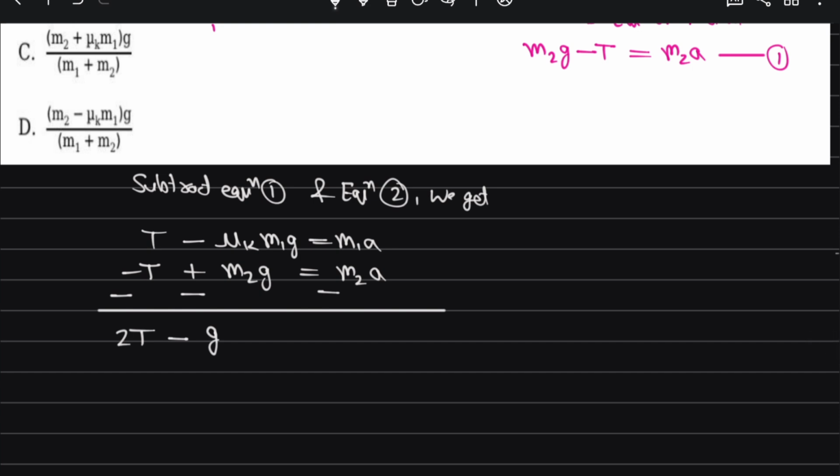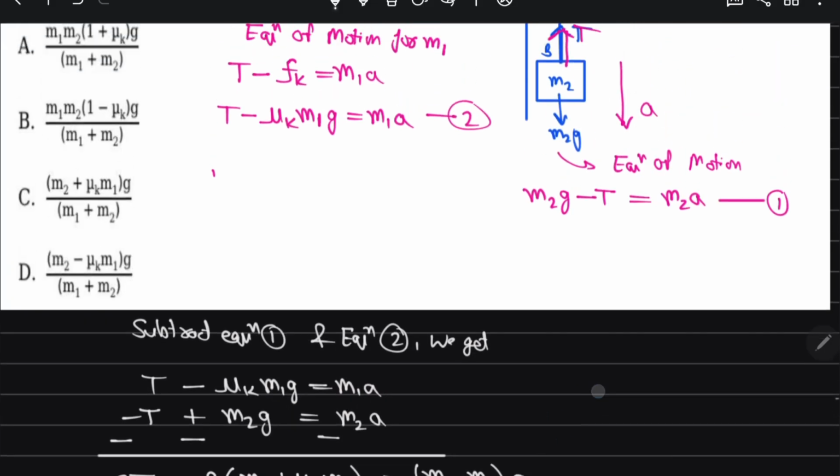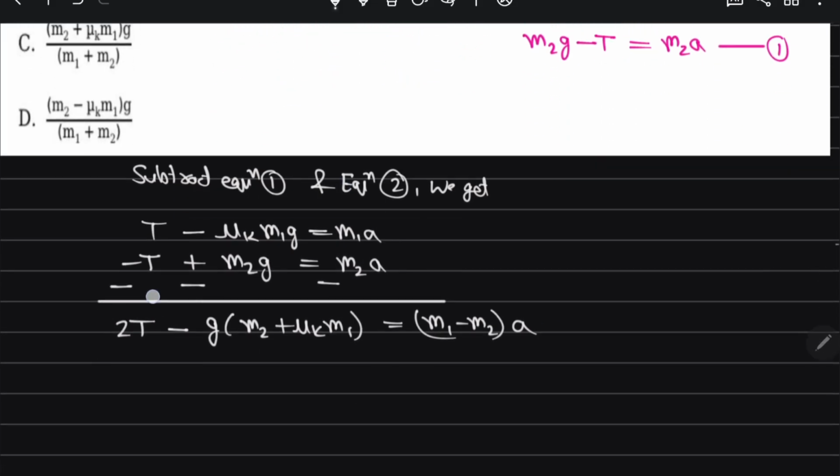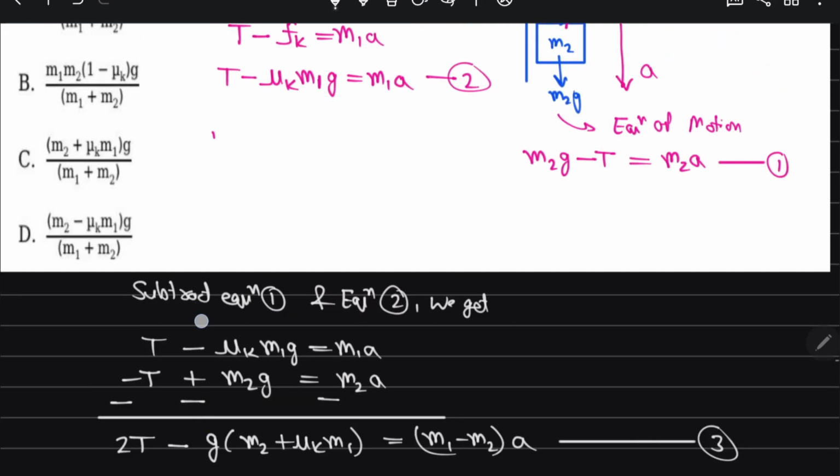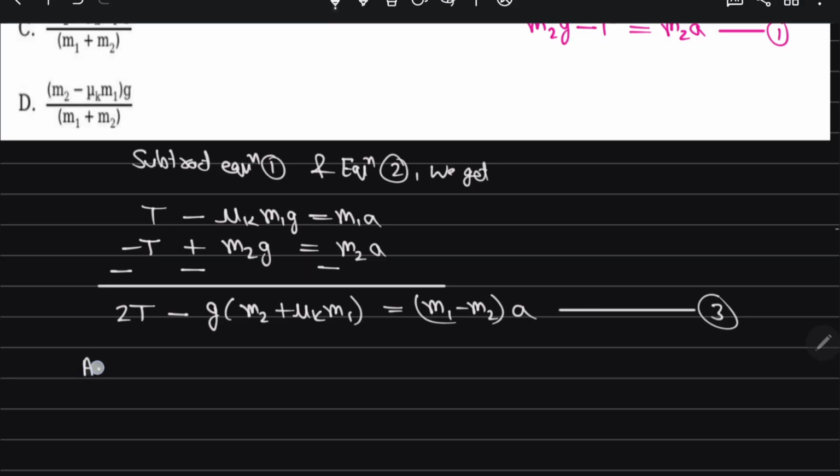Here minus minus comes, so if I take g common, here it comes out to be m1 minus m2 plus mu k m1, that is equal to m1 minus m2 into a, right? But the main thing is we have to find the common acceleration, only then can we give the answer. So this is equation third. Now I add equation first and equation second.